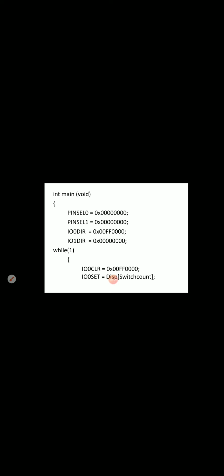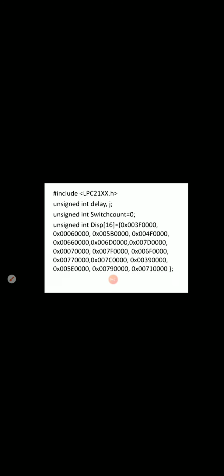Again it is setting IO0 set with the next switch count value. So what is that next value? That value represents the hexadecimal digit 1. So that digit is going to be displayed, and that is how it is going to work.